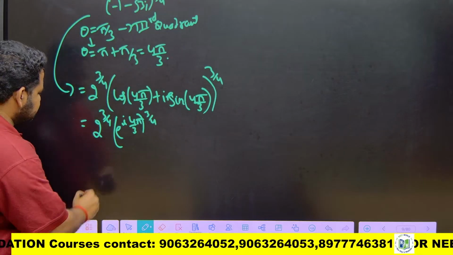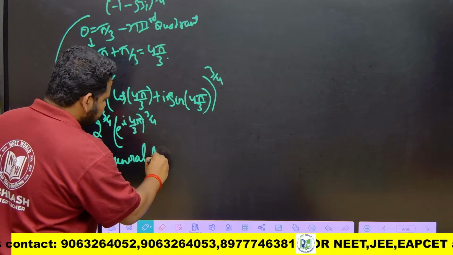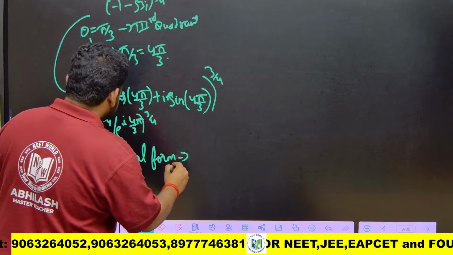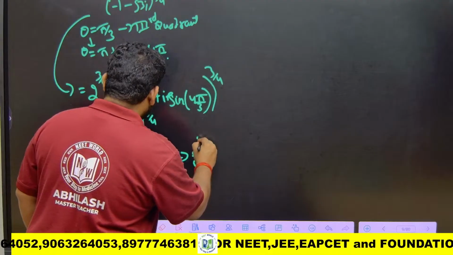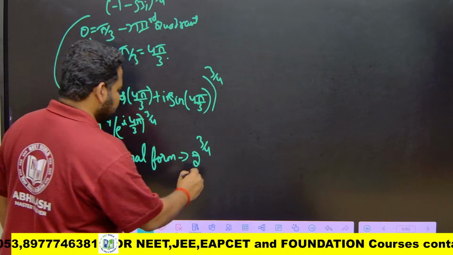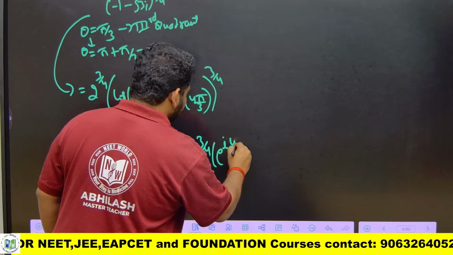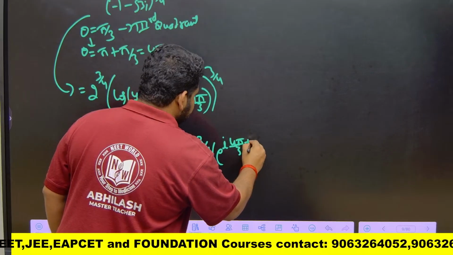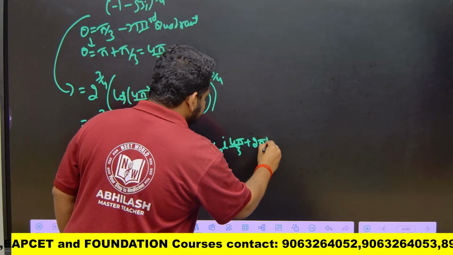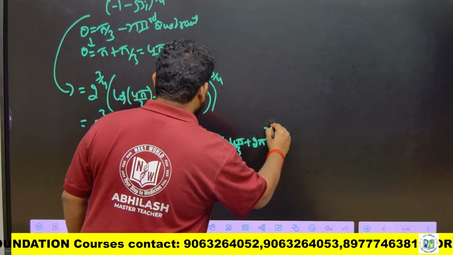Now, in general form I can write this in Euler form as 2 to the power of 3 by 4 into e to the power of i into (4 pi by 3 plus 2 pi times k, where k is some integer), this entire thing to the power of 3 by 4.